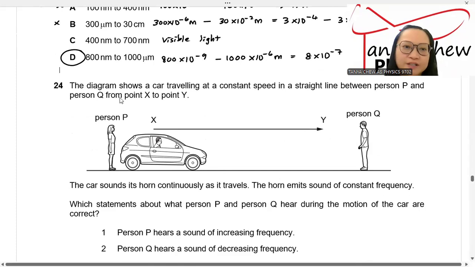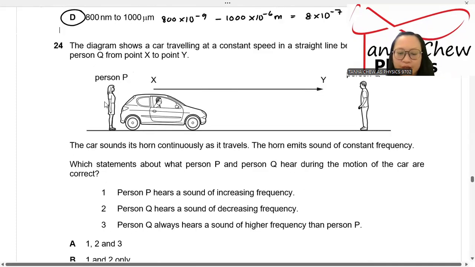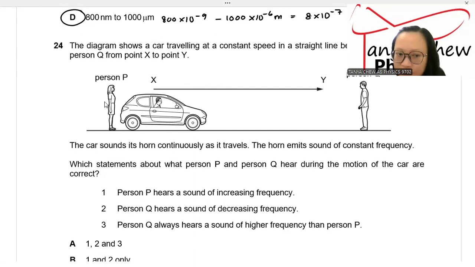Number 24, the diagram shows a car traveling at a constant speed in a straight line between person P and person Q, from point X to Y. The car sounds its horn continuously as it travels. The horn emits sound of constant frequency. Which statements about what person P and person Q hear during the motion of the car are correct?